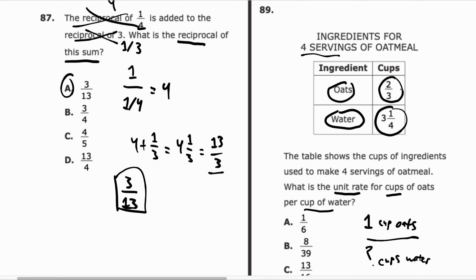We're scaling the number of cups of oats up to 1, and we need to figure out how much to scale up the cups of water by. And when we say unit rate, that's basically what it means, I think. The unit rate means assume that we have 1 cup of oats.